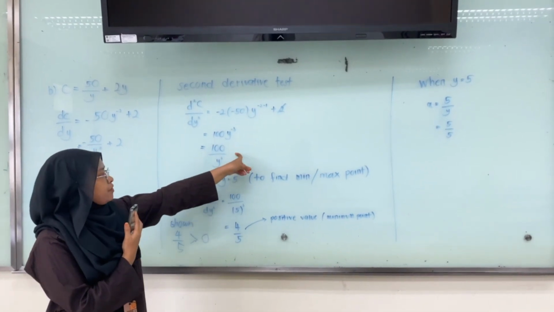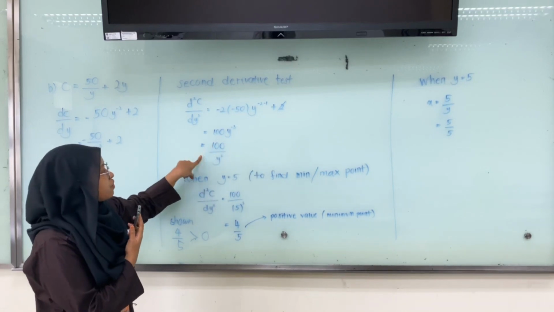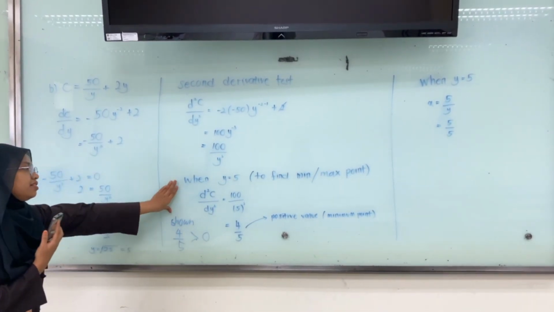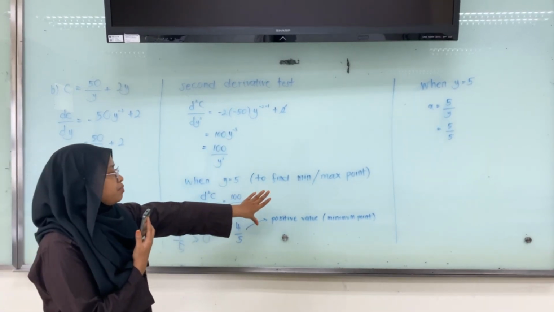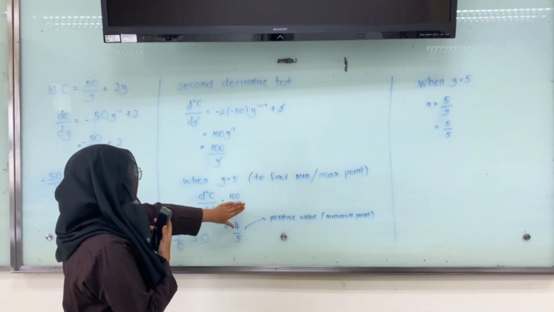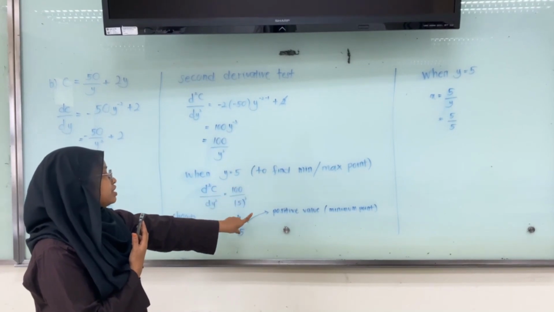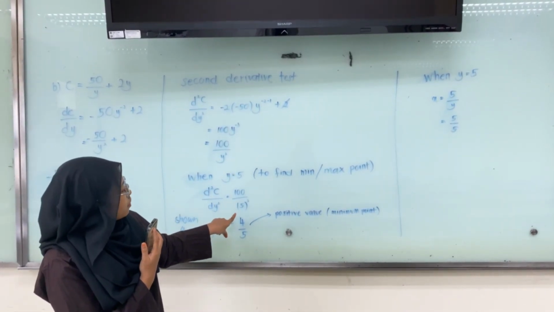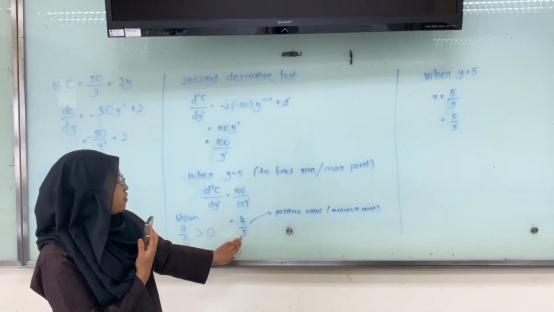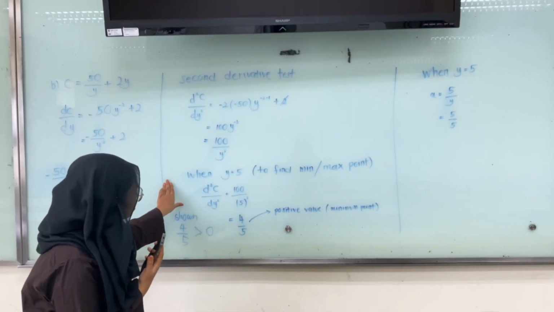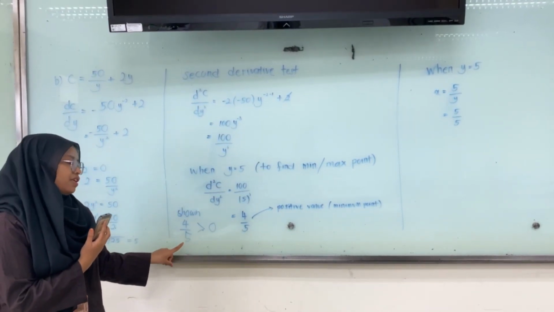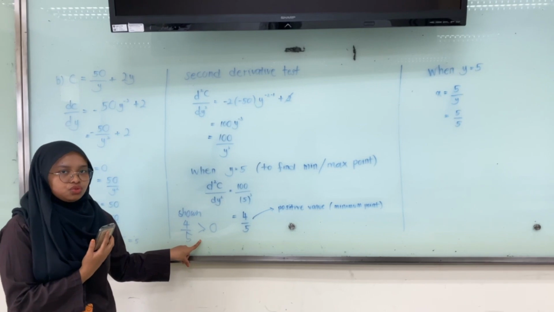So we simplify, we get 100 over Y to the power of 3. Then, to find the minimum or maximum point, we substitute Y equals 5 into the second derivative, which means 100 over 5 to the power of 3. Then we get 4 over 5. This shows that this is a minimum point because 4 over 5 is greater than 0.